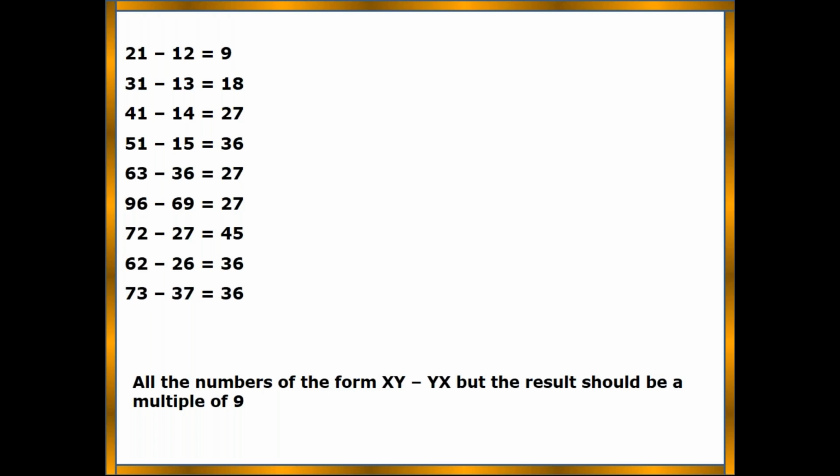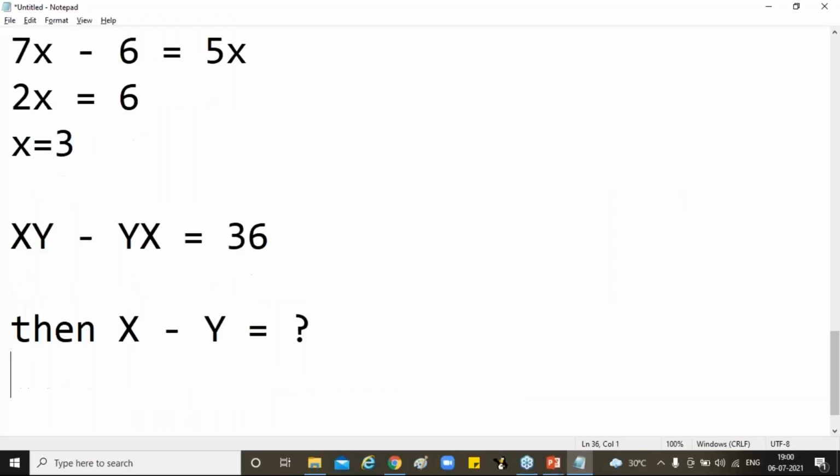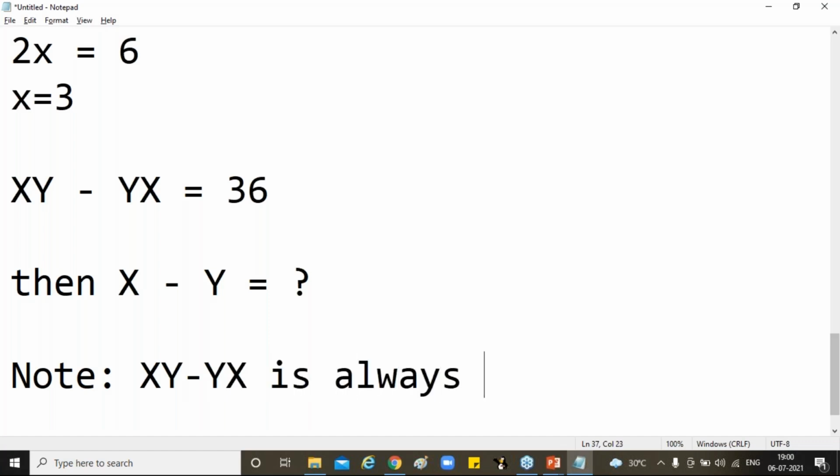Write down a note. Xy minus yx is always divisible by 9.